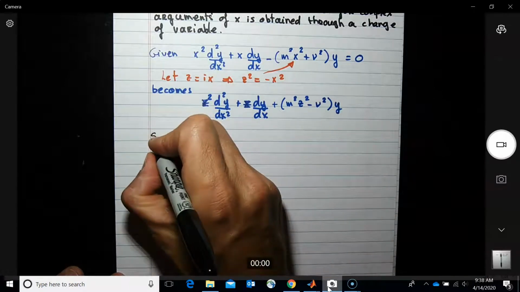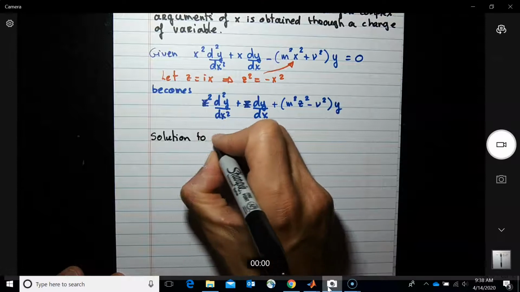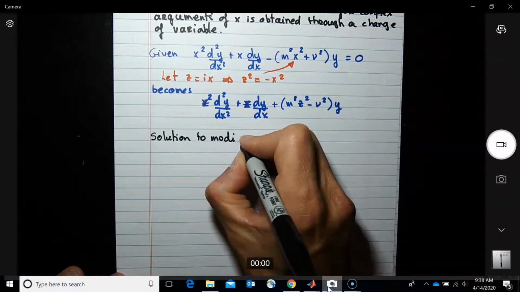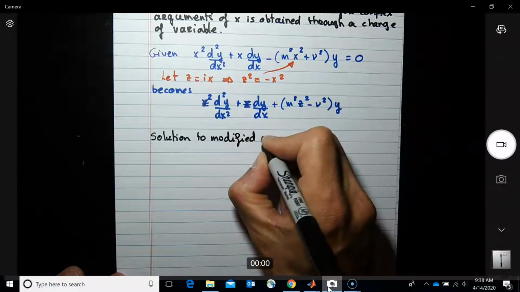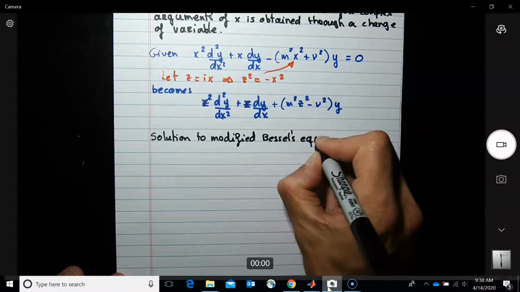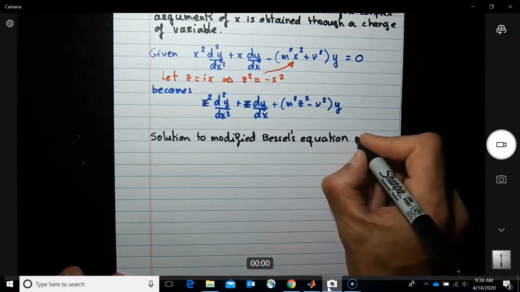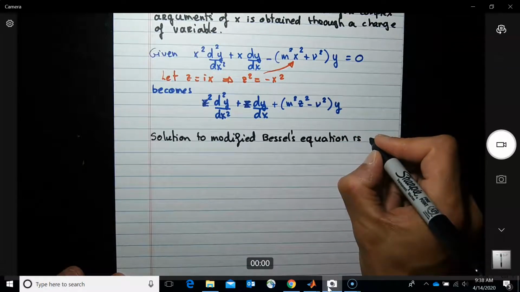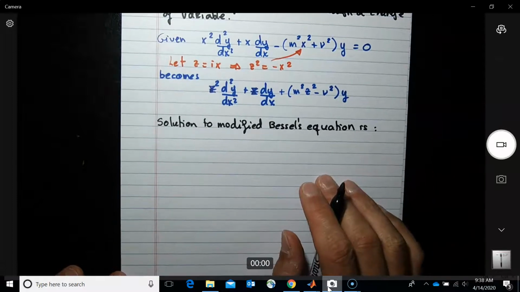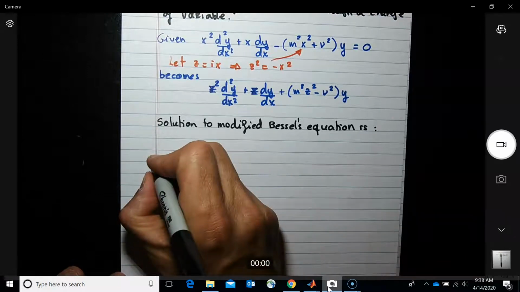So the solution to the modified Bessel equation is, okay, we're going to have again the cases of integer and not integer, but I'm going to do it a little bit faster.